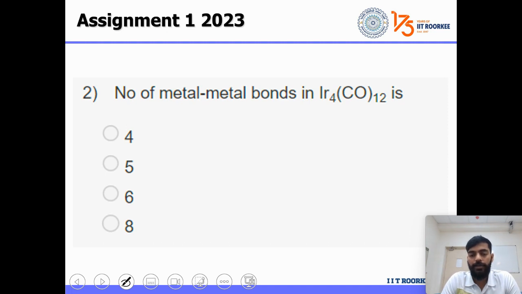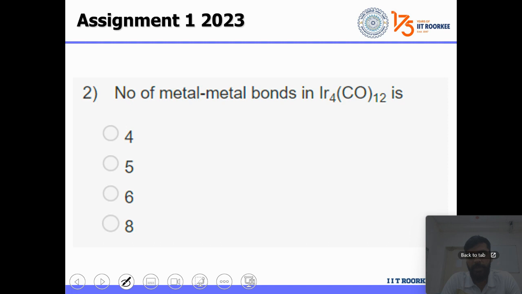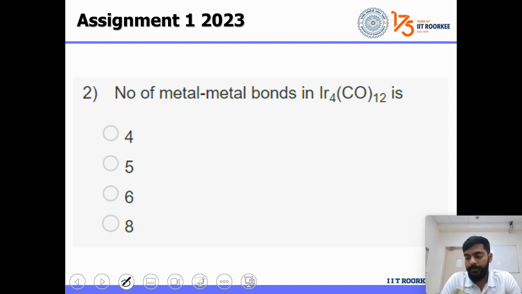We need to count total valence electrons, and we need to use that formula which I told you in the previous session. Also, a few of the questions will be related to my previous lectures on metal mediated synthesis, so maybe you need to go through those sessions also. I will tell you when it is utilized. Okay, so tell me the answer for the number of metal-metal bonds in the iridium complex.